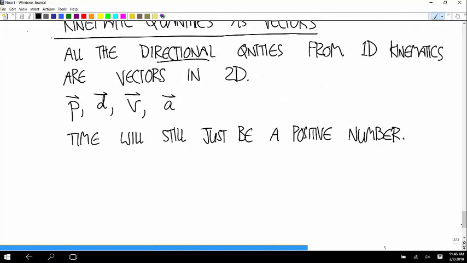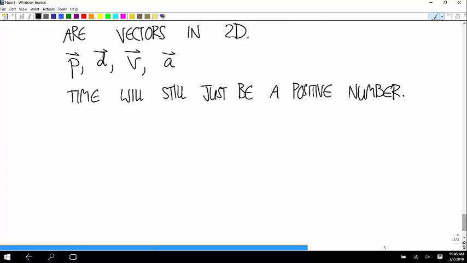Okay, so let me define position. That won't take long, and then we'll start with velocity next time. So the position vector.